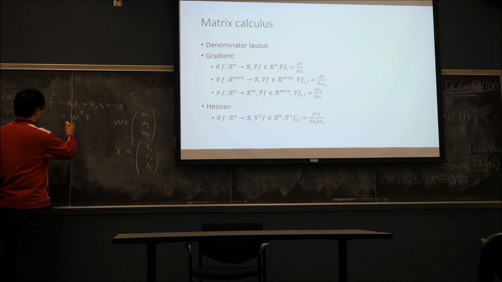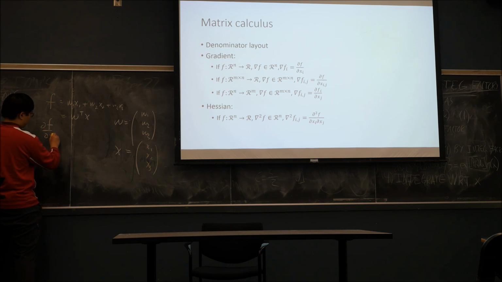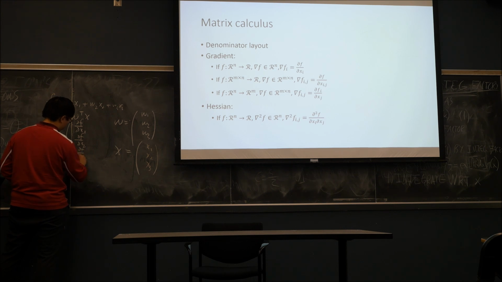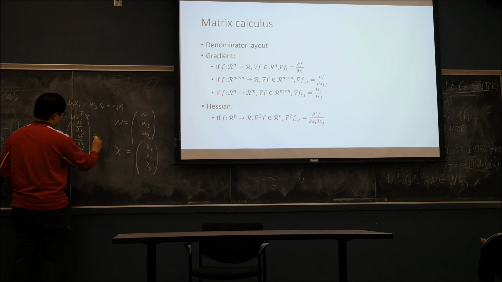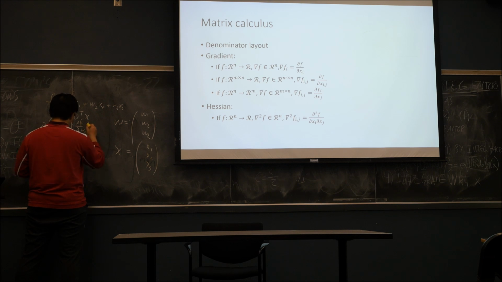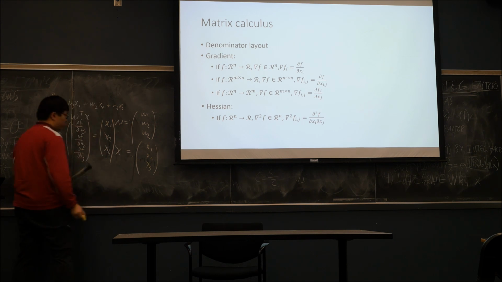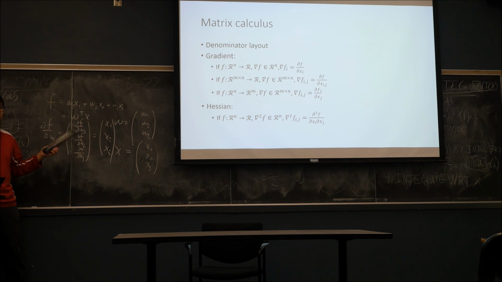So what you end up with is partial f partial w1, partial f partial w2, and partial f partial w3, and this is going to be x1, x2, x3.